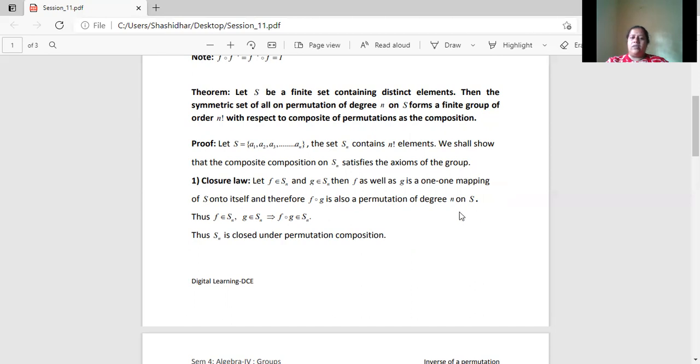Here, when you compare this with the group G comma star, our star is the binary operation. For this theorem, it is the composition of two permutations.